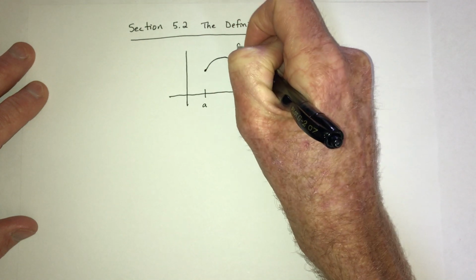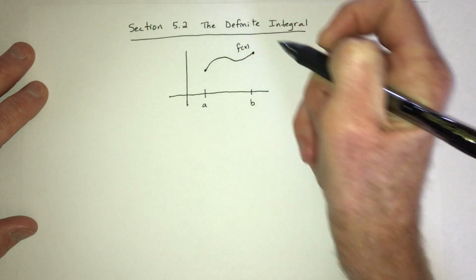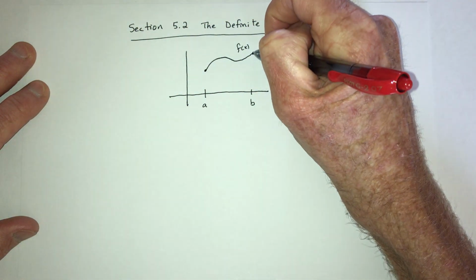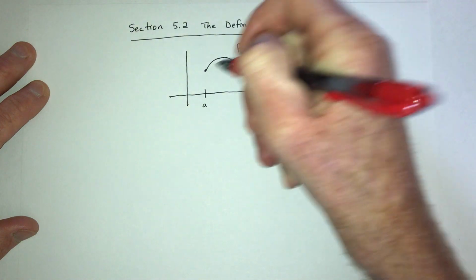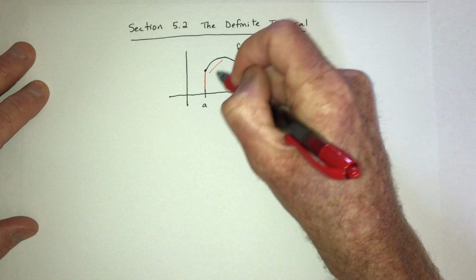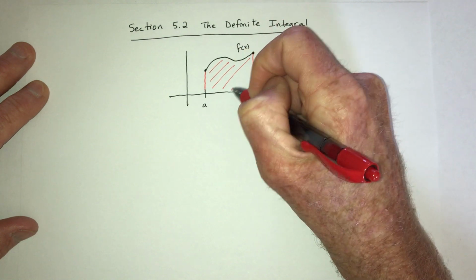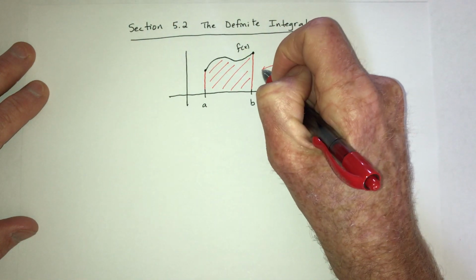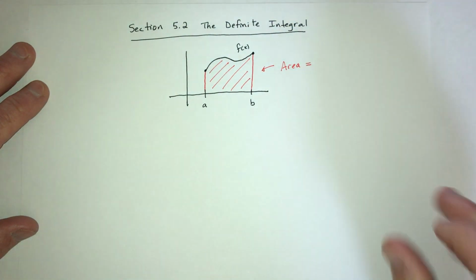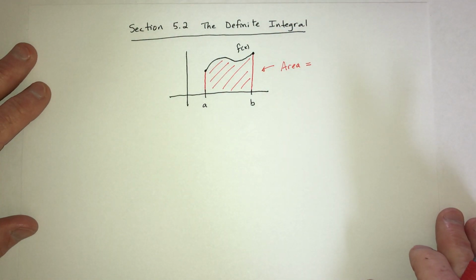Just make a nice function, f of x. And then drop a line straight down to b, drop a line straight down to a, and then shade that area. And the area is equal to the definite integral.